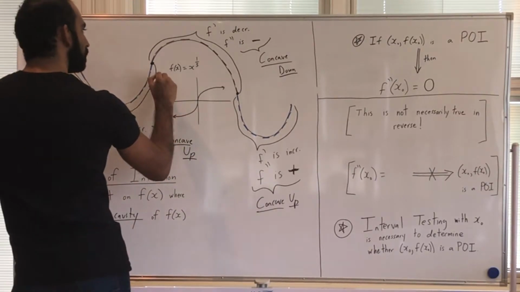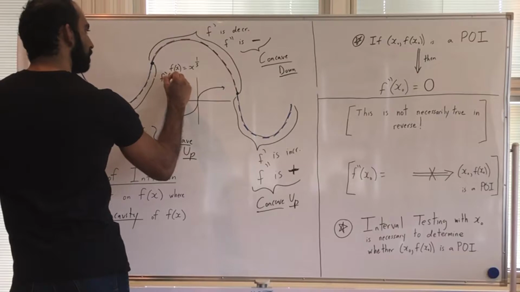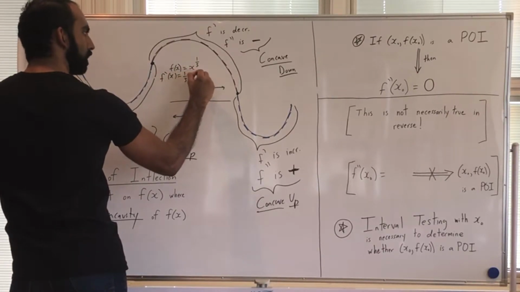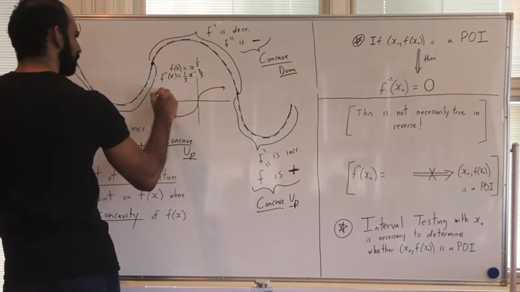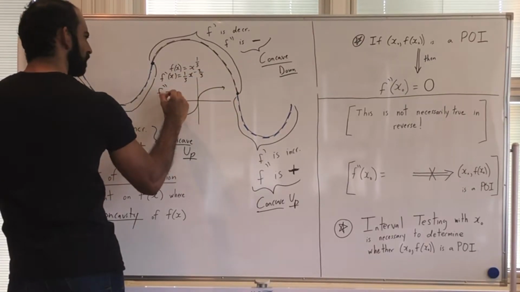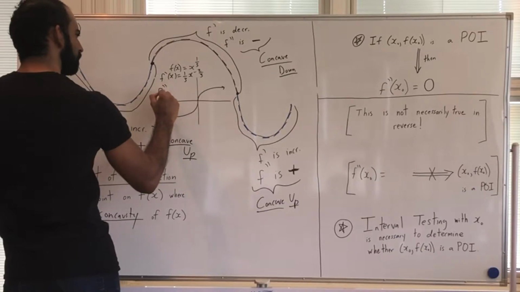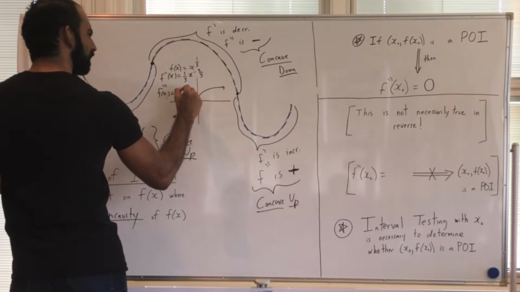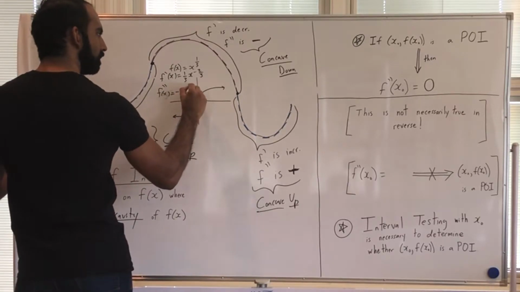Okay? First derivative is 1/3 x to the negative 2/3, right? Yes. And the second derivative is going to be negative 2/9 x to the negative 5/3, right?